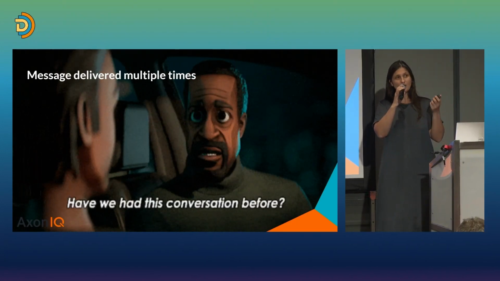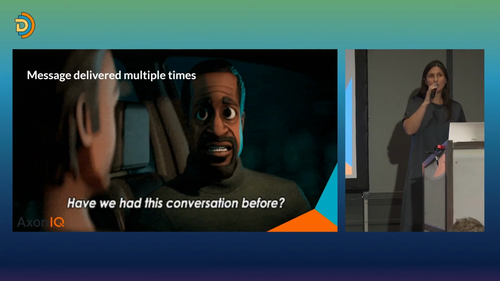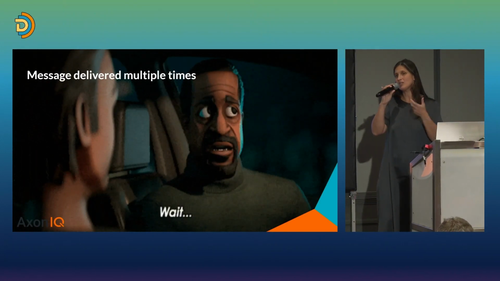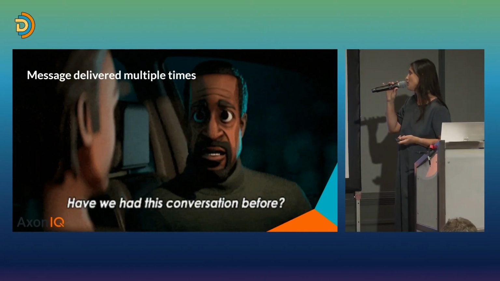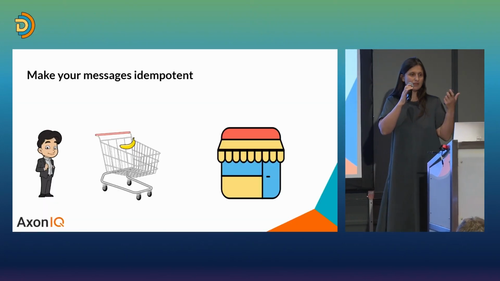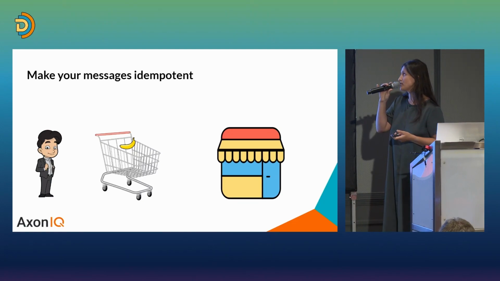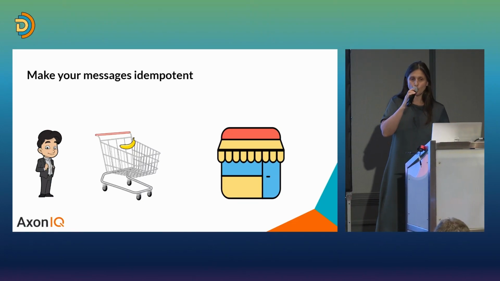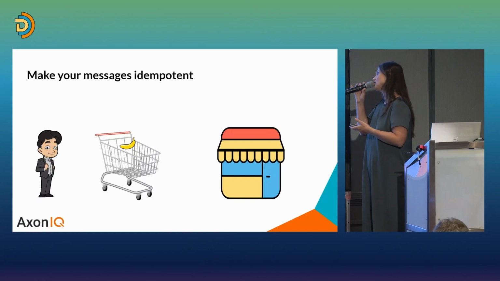For that reason, the only way we have is to build our application in such a way that it can tolerate multiple sending of the same command, of the same message. So the first technique, the first solution that we are presenting, is to make your messages idempotent.